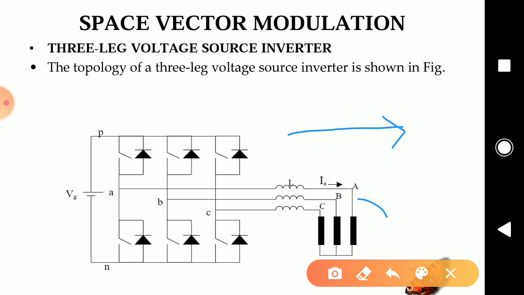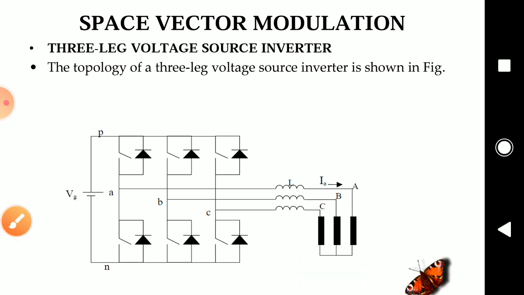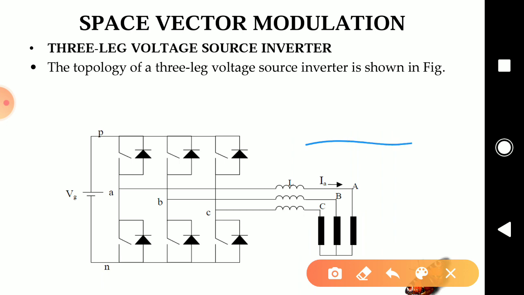The magnitude of the phasor will decide the magnitude of the output voltage, and the time required to complete one revolution will decide the frequency of the output waveform.